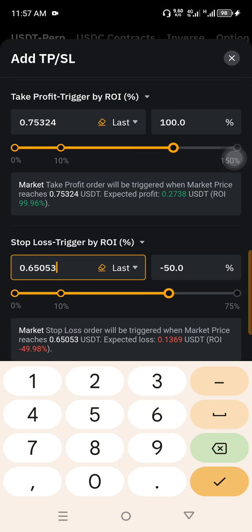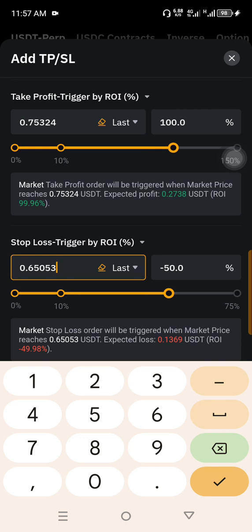For that $10 that you are using, if the market is so bad, for that 50% that you are setting, it means that if you lose $5 out of that $10, the market will automatically stop.